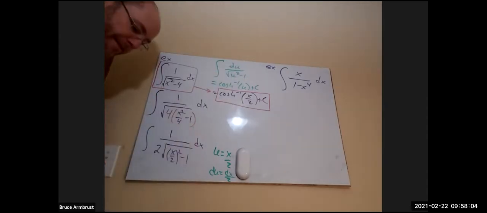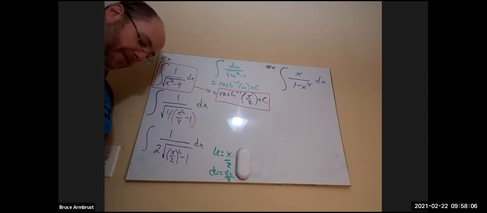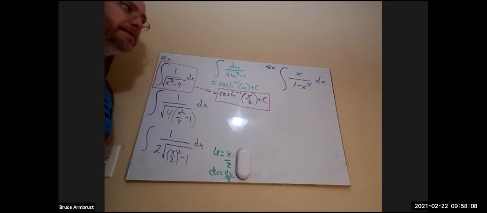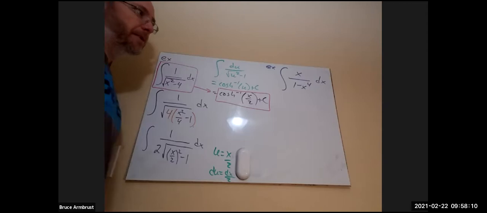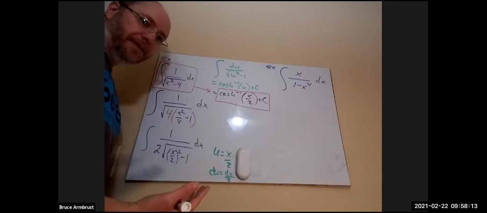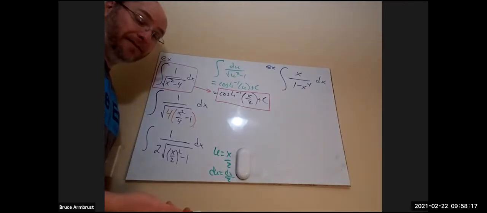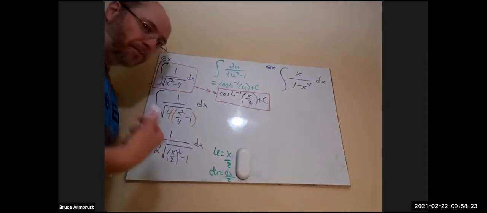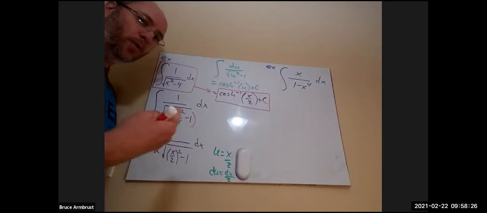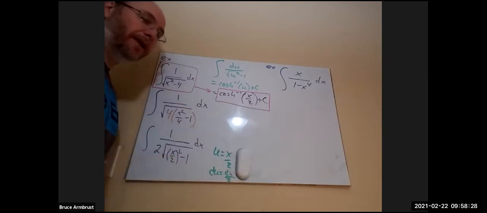All right, so this one, if you think about the inverse hyperbolics, we don't have any square roots, which should lead us to inverse tanh and inverse coth. Both of those forms just had 1 minus something squared.